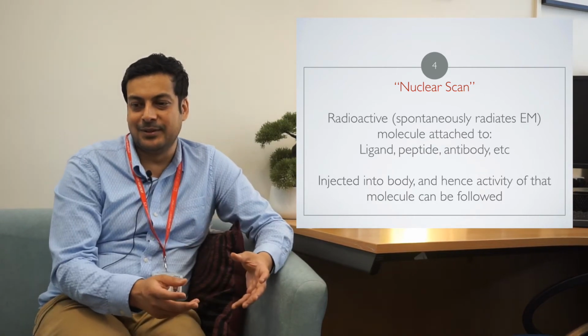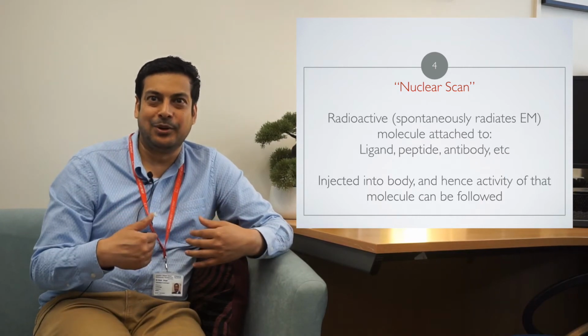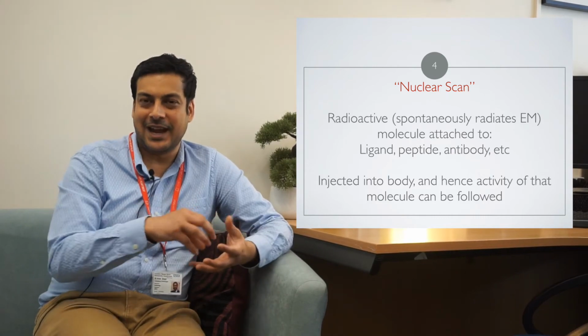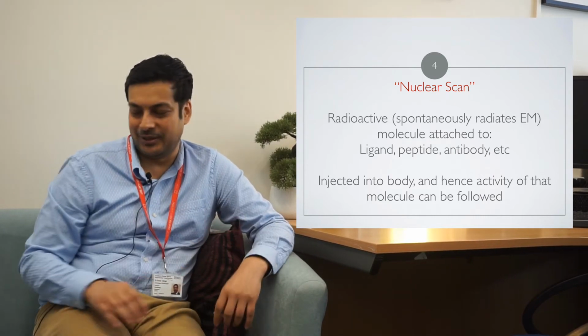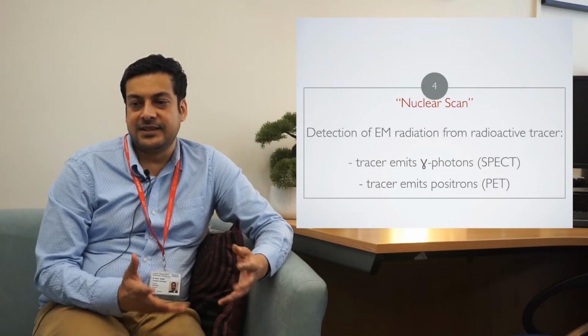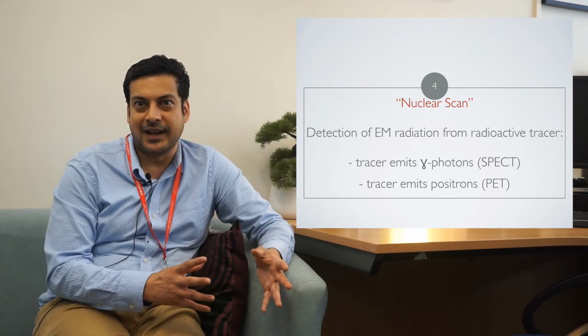Then you inject that back into the body, and you can follow the activity of, say, that antibody just by scanning for radiation, because you've attached the radioactive molecule to the antibody. So a nuclear scan is effectively the detection of EM radiation from that radioactive tracer that you've attached to something in the body.